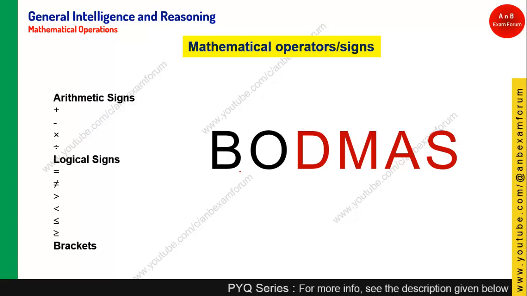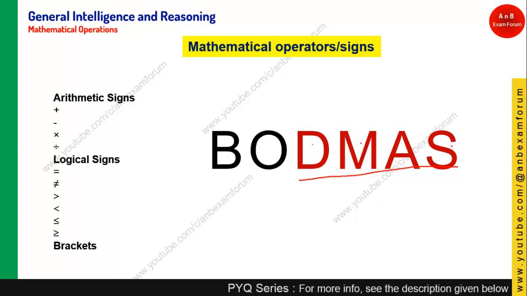But here in this type of question we generally deal with DMAS, where D stands for division, M for multiplication, A for addition, S for subtraction. Generally brackets and orders are not asked in this topic in the reasoning section. Generally they will play around division, multiplication, addition and subtraction.